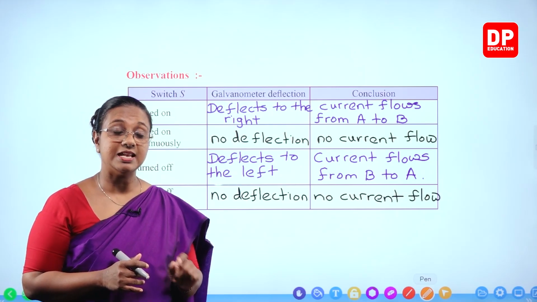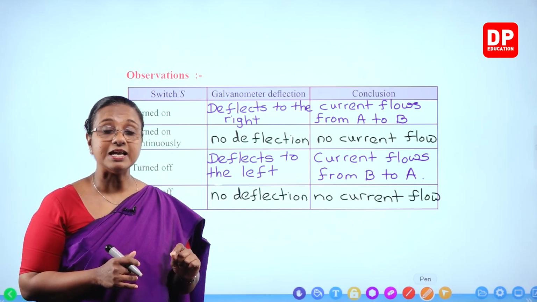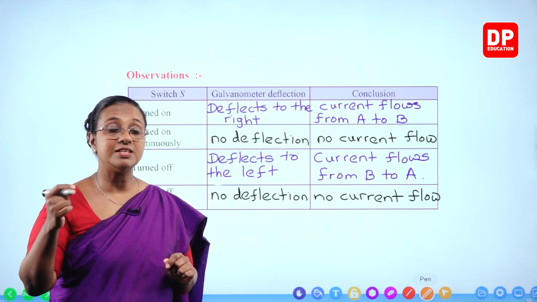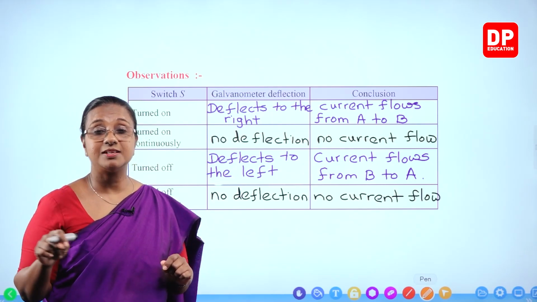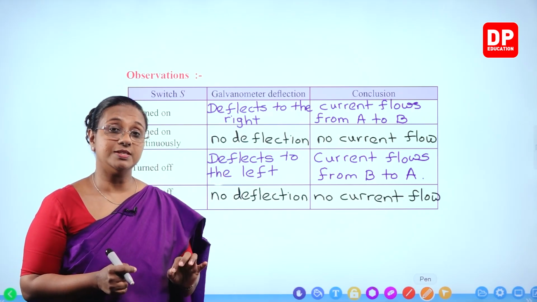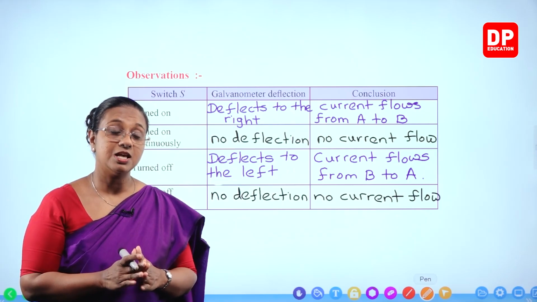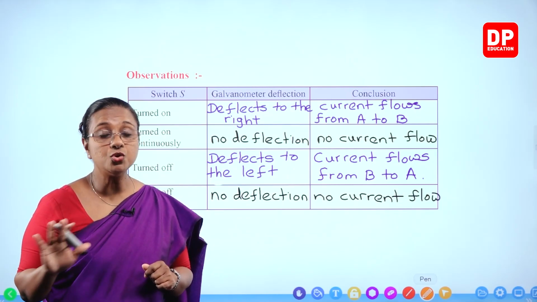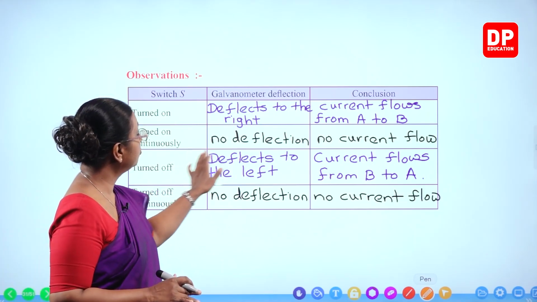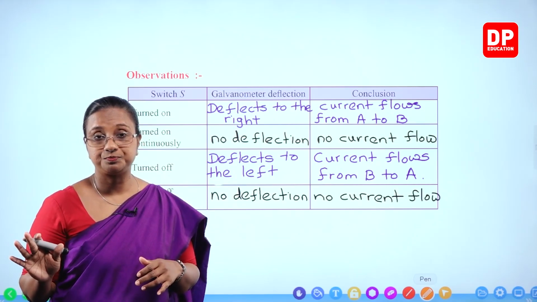You all have to understand. As you turn on, there is a difference in the magnetic field lines in the first coil as well as the second coil, which induces an electromotive force that makes the current flow. But if you keep the switch turned on continuously, there is no variation in the magnetic field lines. So because of that, there is no electromotive force induced in the second coil. Therefore, you do not see a deflection. That means there is no current flow.